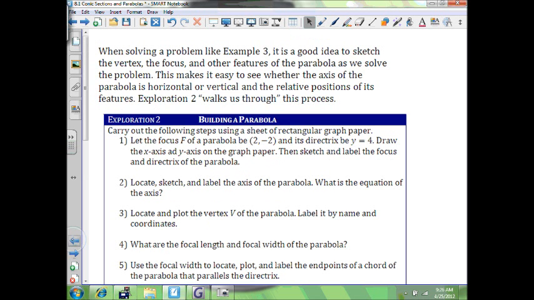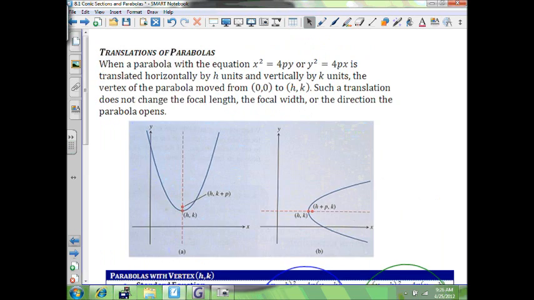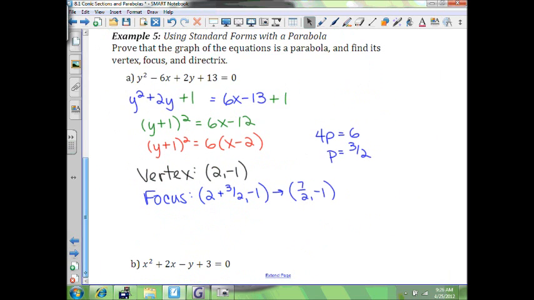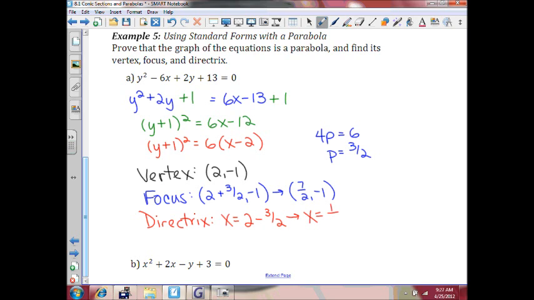Now looking also back to the chart here on the previous page, our directrix is x equals h minus p. X equals h minus p, so if my h value is 2 minus 3 halves, that means my equation will be x equals 1 1/2 for my directrix.